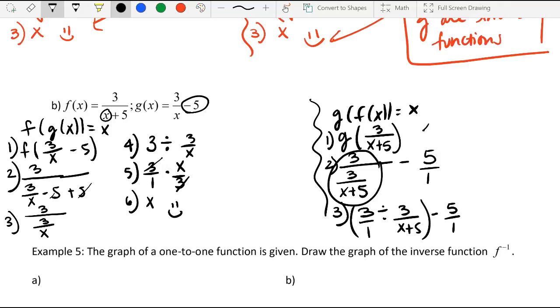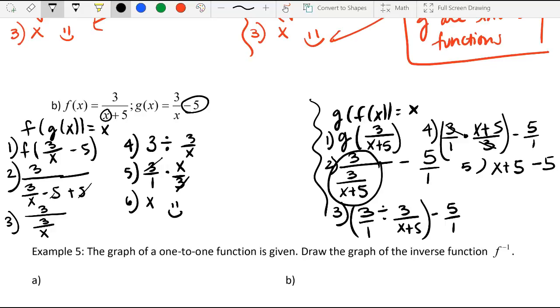Step number 4, I'm going to write 3 over 1 times x plus 5 over 3. Do that first, and then subtract 5, or 5 over 1 is okay too. Step number 5, I can reduce those. So now I have x plus 5 minus 5 over 1 over here. Step number 6, these two can cancel. I am going to end up with an x.